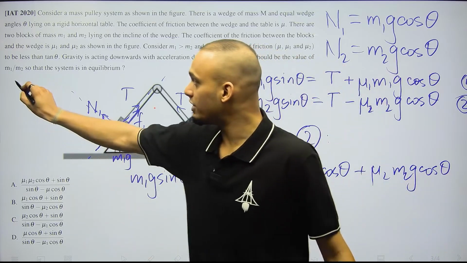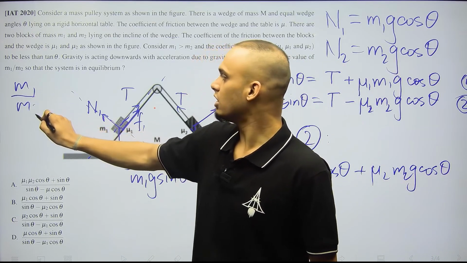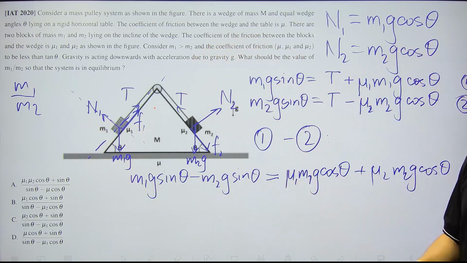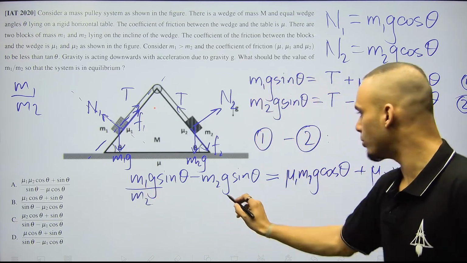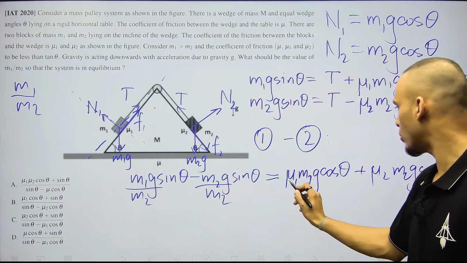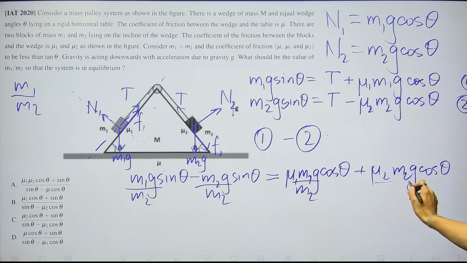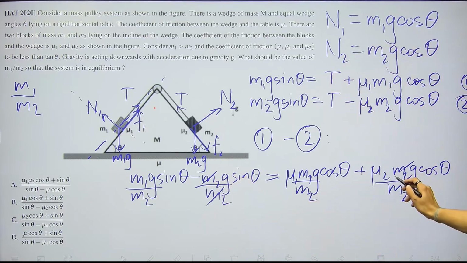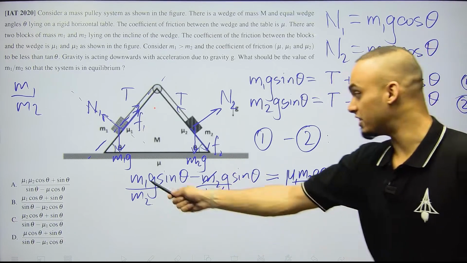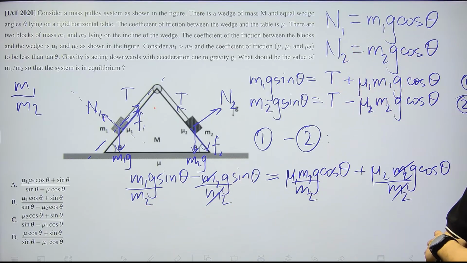Now since we require the ratio m1 upon m2, we need to get this quantity in our equation, which can be achieved simply by dividing the entire equation by m2. Let's divide m2 in all the terms. Now in terms where there is only m2 present, it will get cancelled happily, and in terms where there is m1 present, we will end up with the ratio that we have.